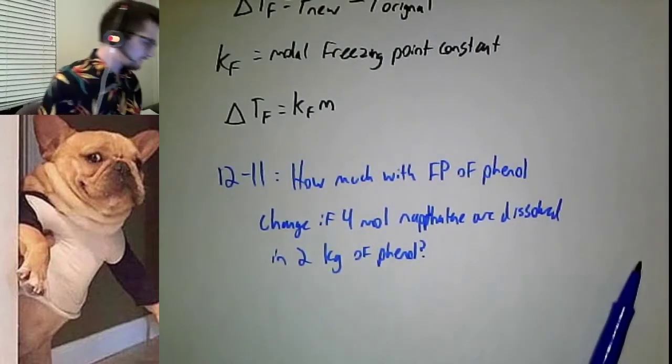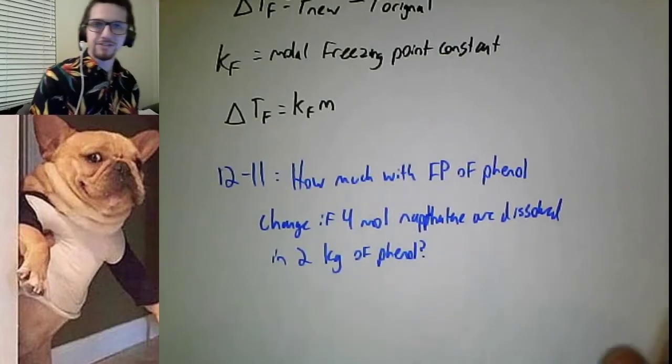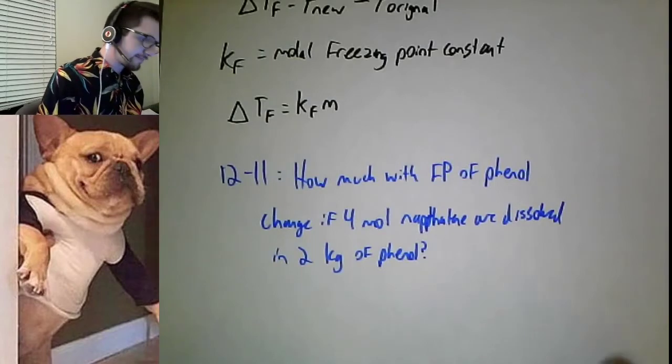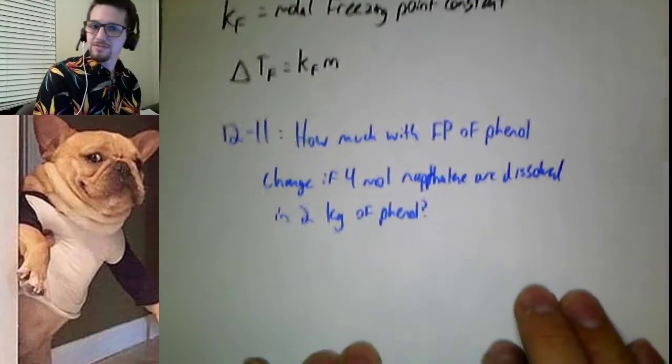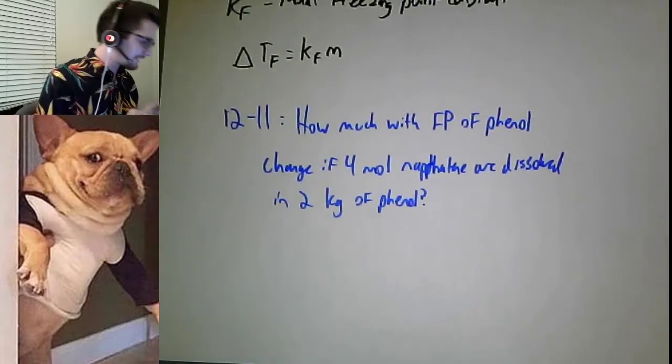And then it goes on to tell us a bunch of junk about naphthylamine that we're not really interested in. It just basically tells us that it's at STP, which is great. So, how much will the freezing point change if we have all this jazz happening?